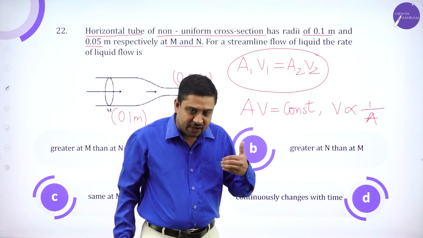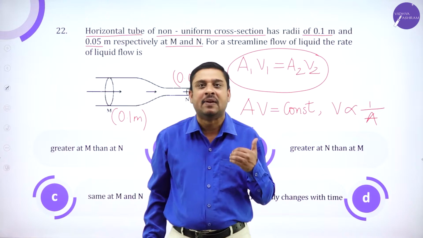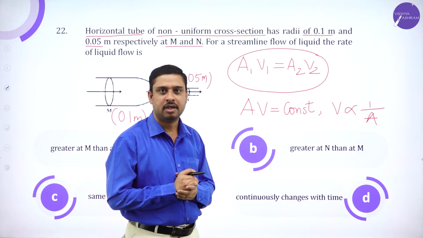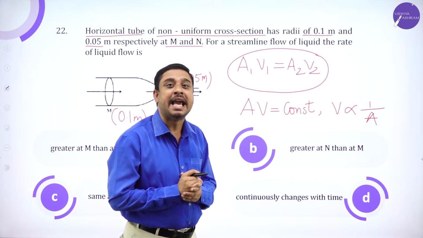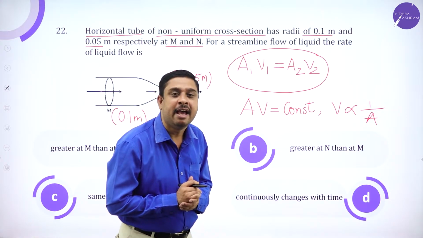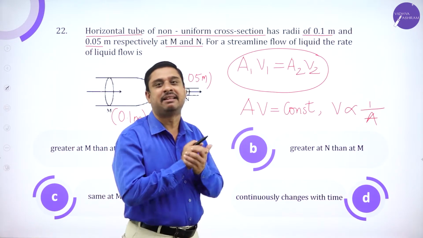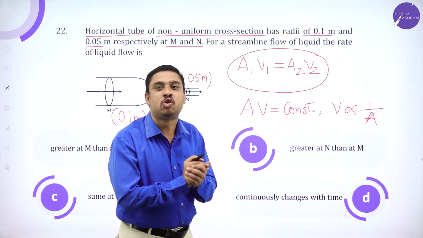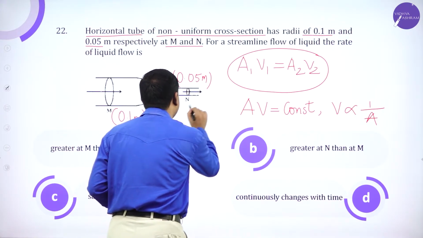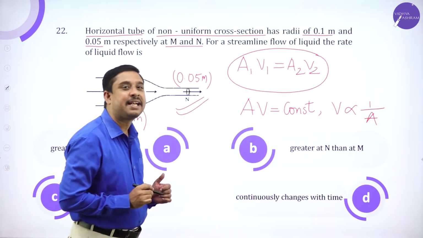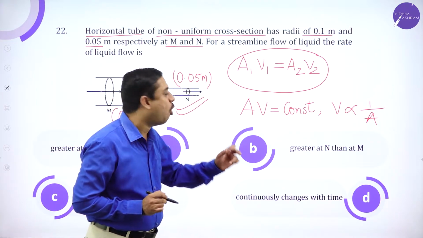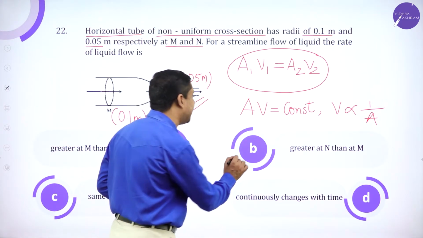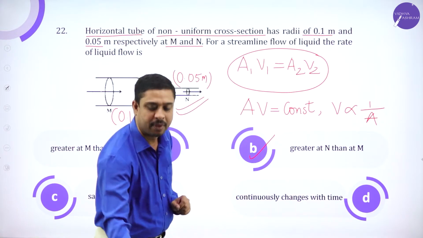Velocity of liquid flow is inversely proportional to area. That means where area is more, velocity is less. Where velocity is more, area should be less. Very evidently, so here at N, velocity is more because area is less. So it is greater at N than M.